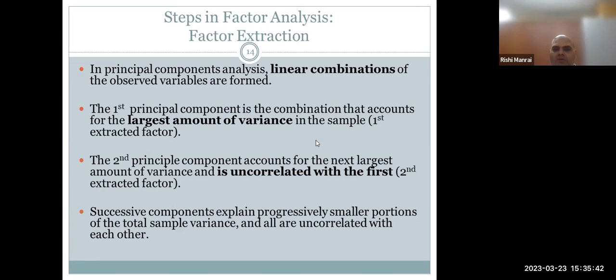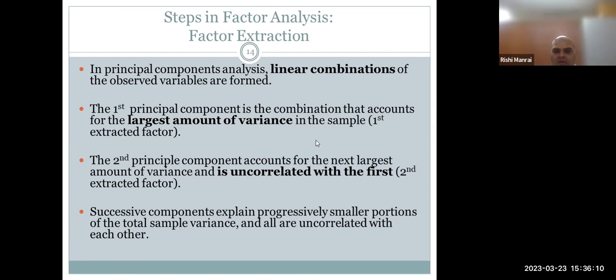In principal component analysis, linear combinations of observed variables are formed. The first principal component is the combination that accounts for the largest amount of variance in the sample. So this method basically makes factor number one, and all these factors are listed based on their importance or significance to the dependent variable.